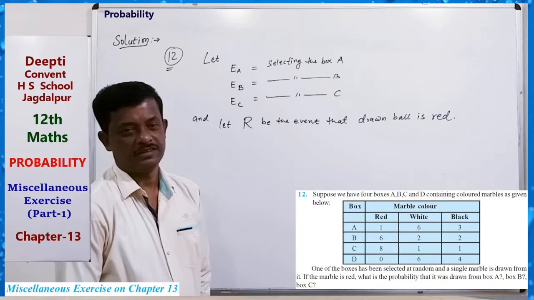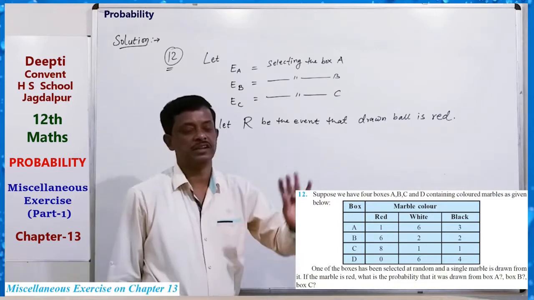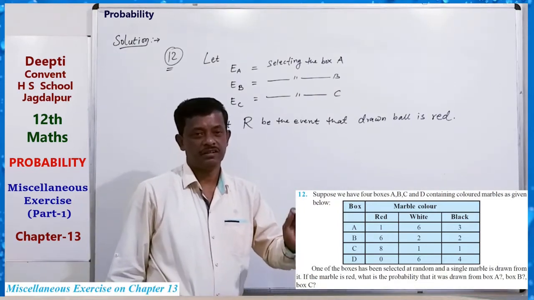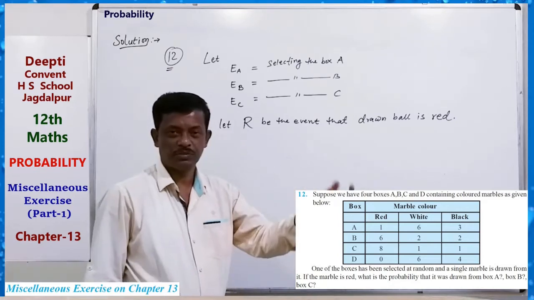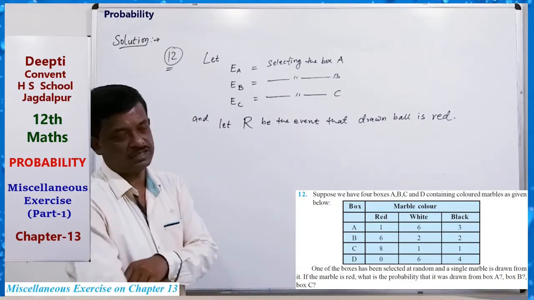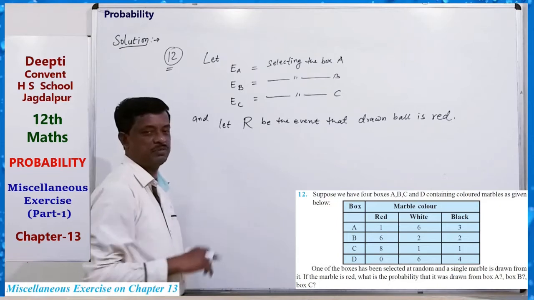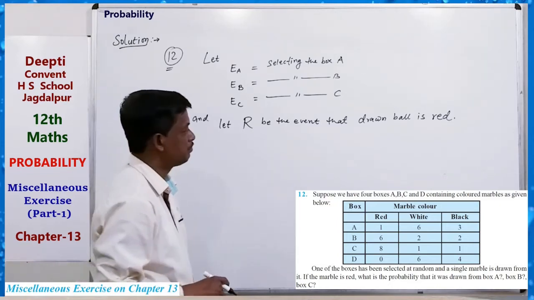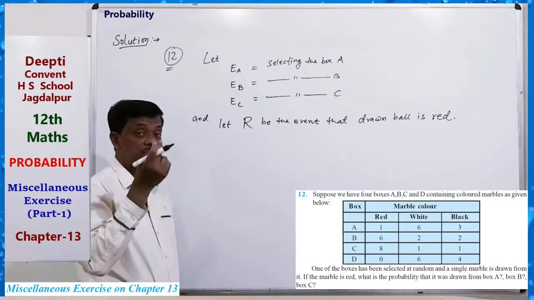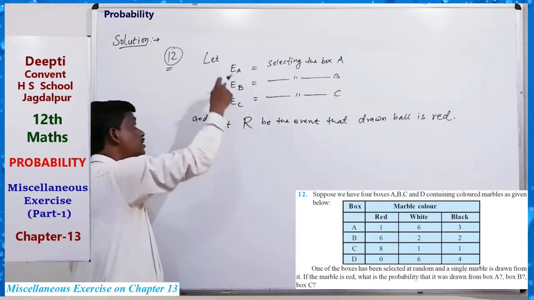Now, what is the probability that the ball comes from box A, box B, box C?